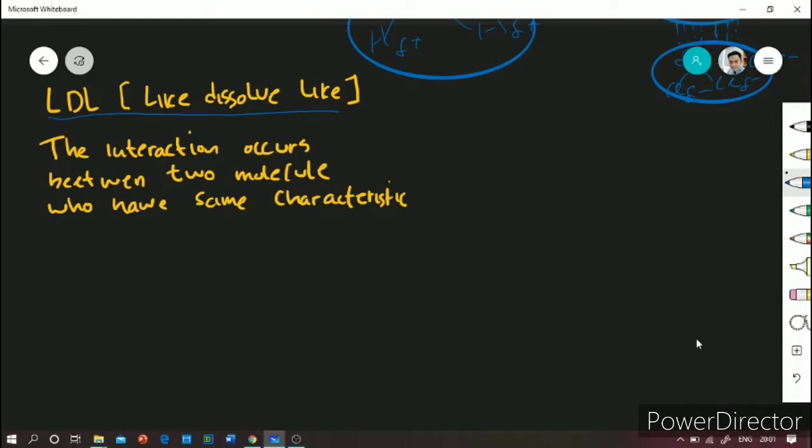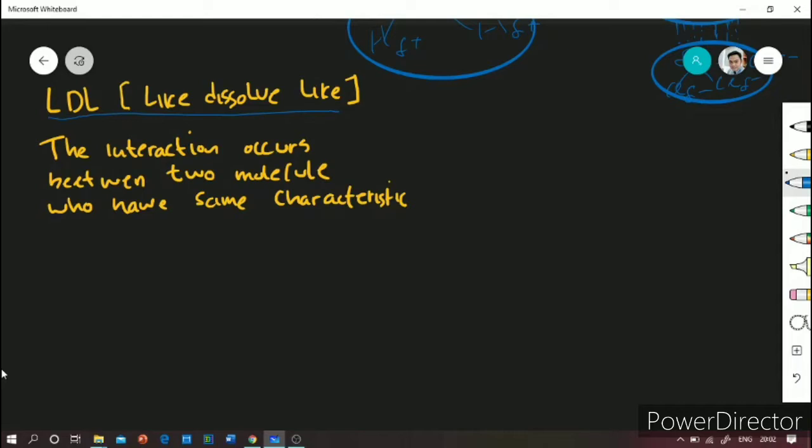Well, people usually use this term like, dissolve like. What does it mean? It's a very classical, very old concept.